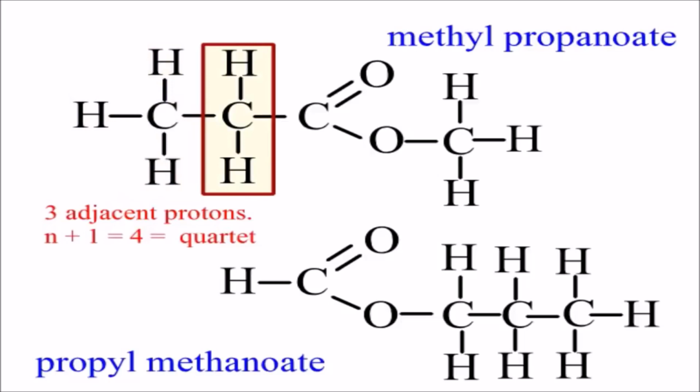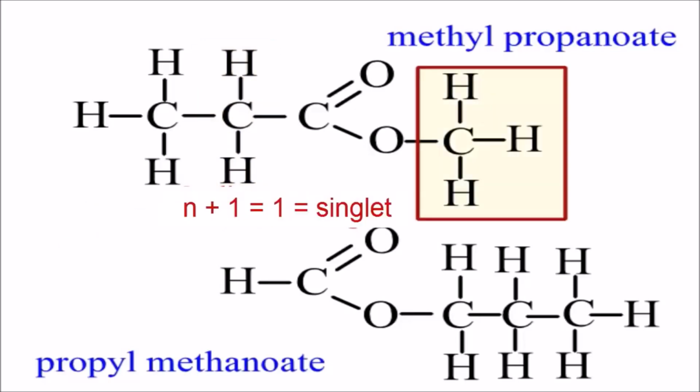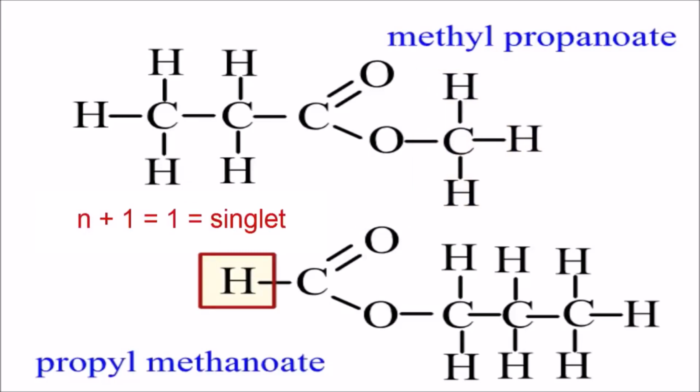Moving on to the CH2 adjacent, it's got 3 protons on the carbon to the left, none to the right, so 3 + 1 is 4, it'll be split into a quartet. And that leaves just one other set of protons down there in the CH3 group, and they have no adjacent protons. As you can see there are no protons on adjacent atoms, so that will remain a singlet.